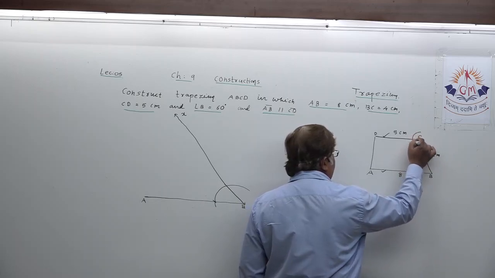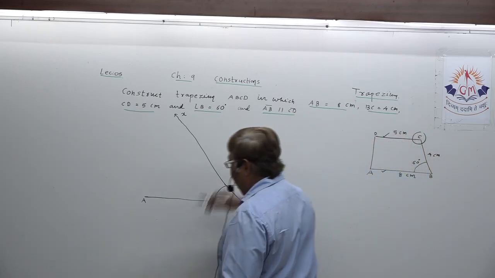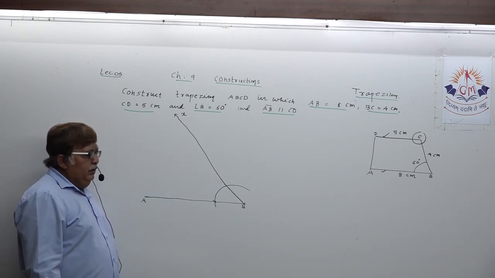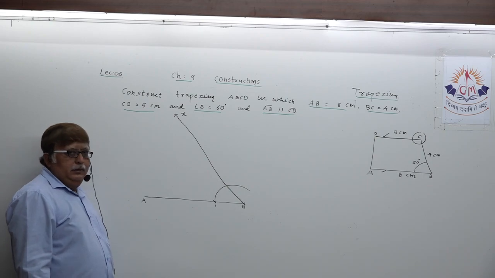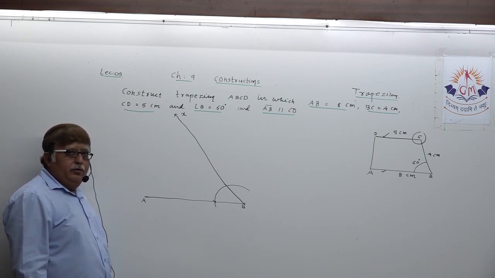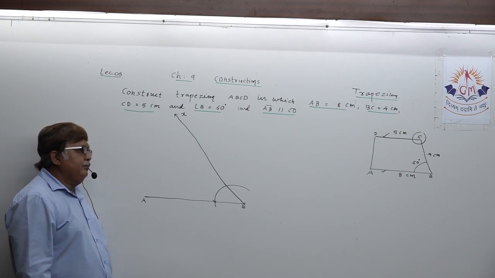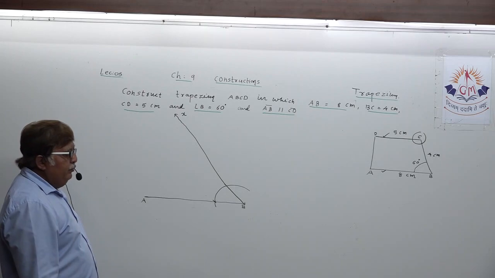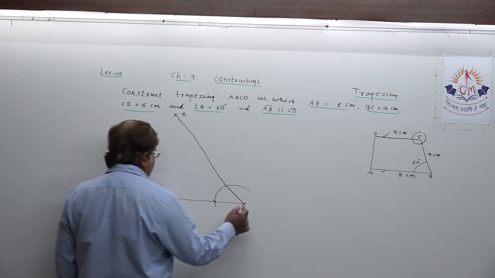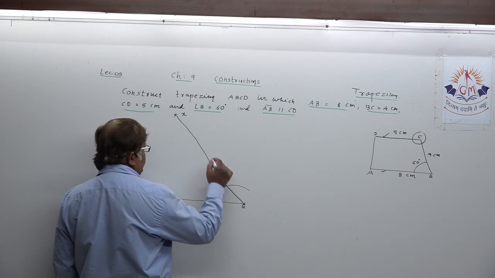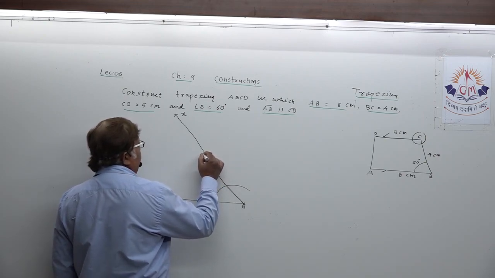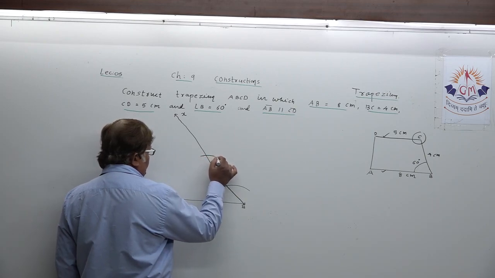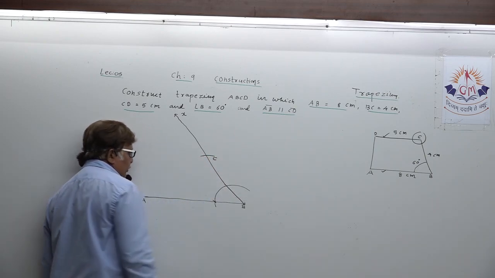Now our target is C. So, how can you do it? Take radius of 4 centimeter, then center your compass at B and intersect this. You will get point C.